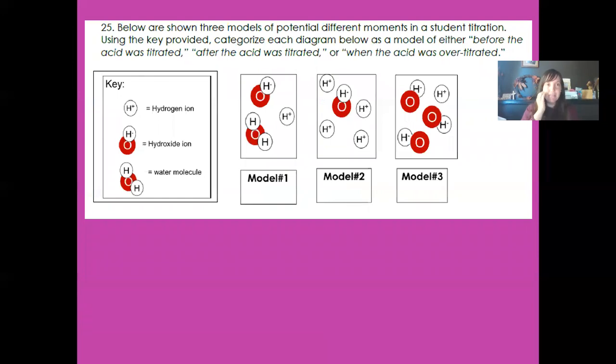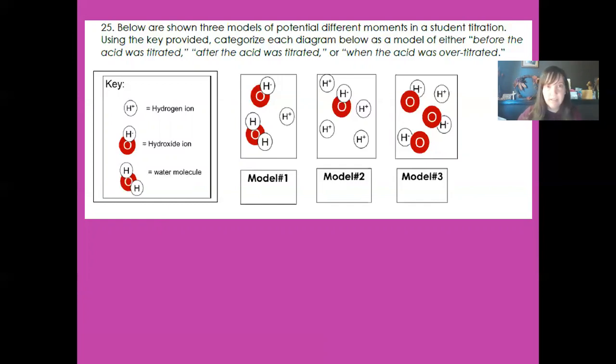Okay, number 25. Below are shown 3 models of potential different moments in a student titration. Using the key provided, categorize each diagram below as a model of either before the acid was titrated, after the acid was titrated, or when the acid was over titrated. Okay, so let's see what we have going on here in each model.